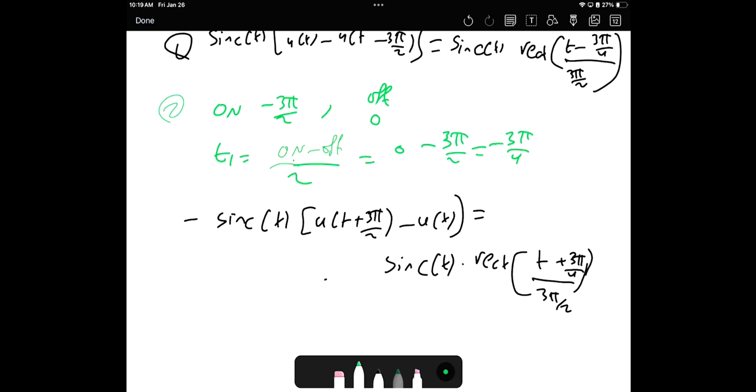Just look at the words. That's how we do it in terms of rects. Then the overall function is 1 plus 2. Just keep in mind to add 1 plus 2 to get the overall function, either in sinc representation or rect representation. Okay?